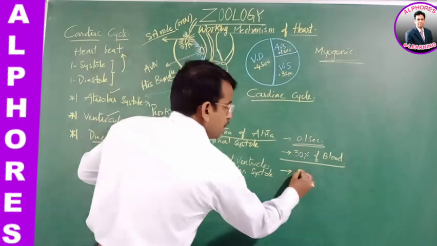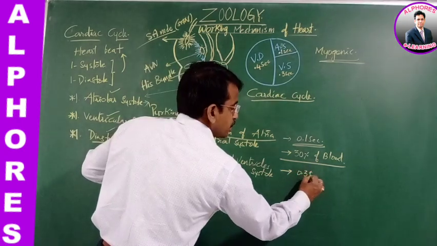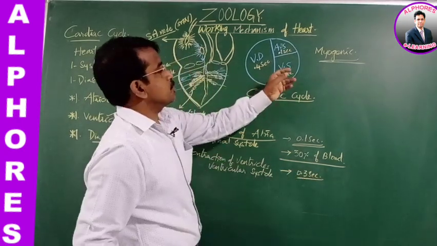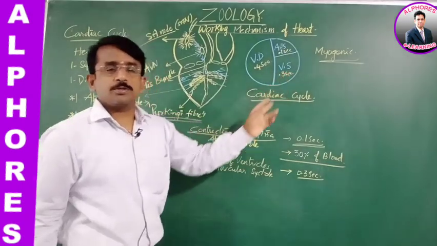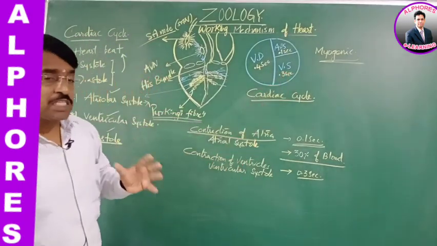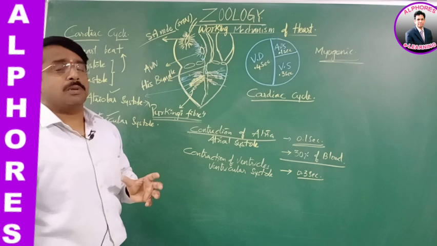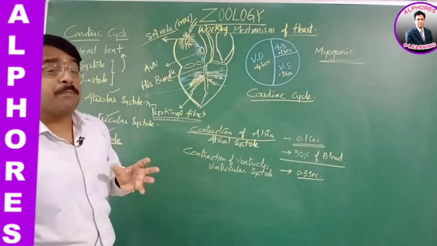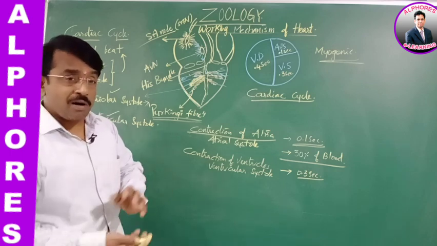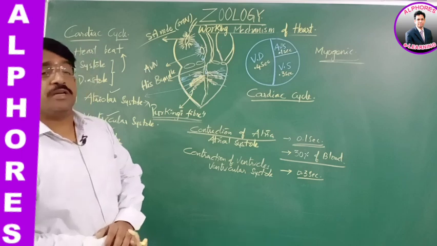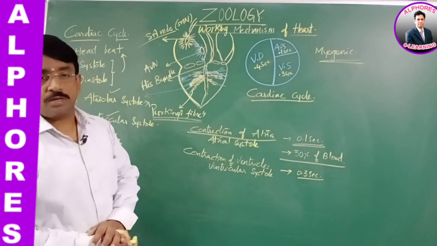This lasts for 0.3 seconds. You can see 0.3 seconds. This ventricular systole increases the pressure. When contraction takes place naturally, the pressure increases.